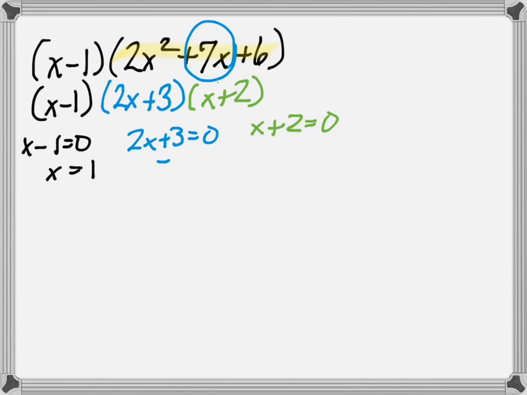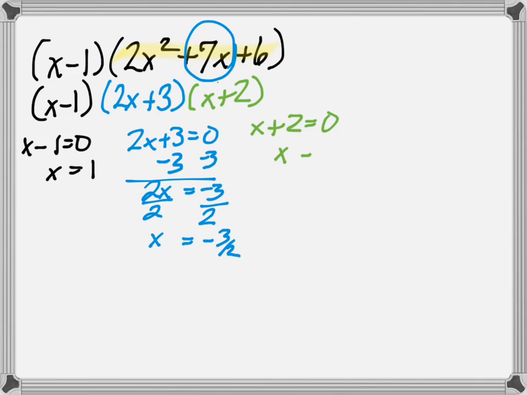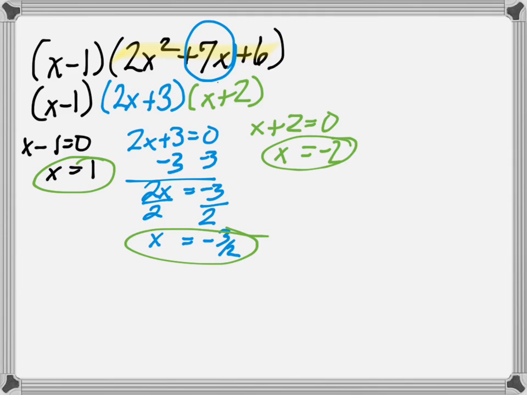On the middle one, we had to subtract 3 from both sides, giving us 2x is equal to a negative 3. Divide by 2, giving us x is equal to negative 3 halves. And on the last one, x equals a negative 2. So those are our 3 roots. So roots are when it's the number, factors when it's the binomial.